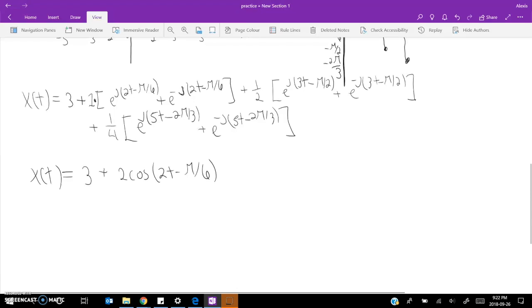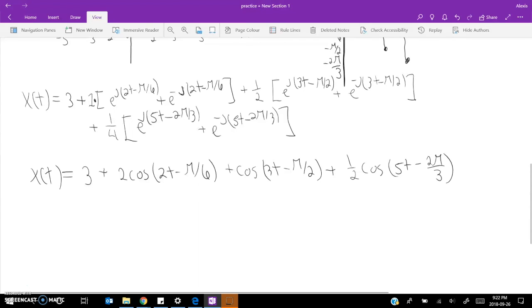Our following term would give us cos 3t minus pi over 2, sorry for that mistake, plus our last term, which would give us a half cos 5t minus 2 pi over 3.